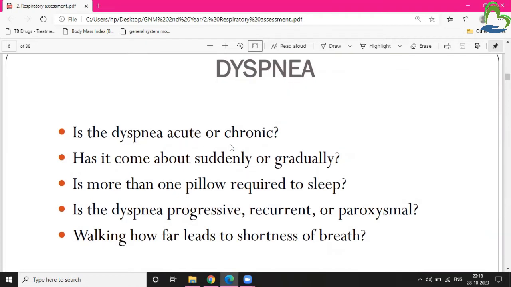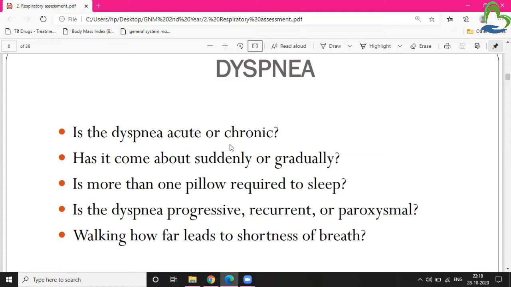First and foremost, it will be the personal data, like name, age, and all those things. After that, the systematic history: for a respiratory system assessment, we need to take history regarding any problems related to the respiratory system.